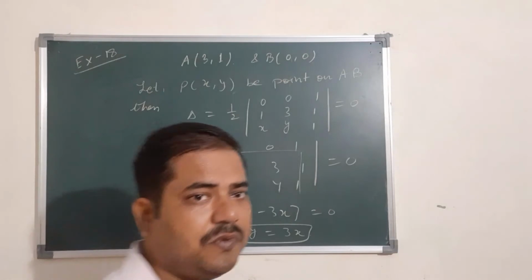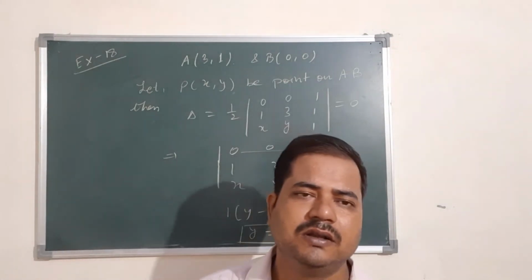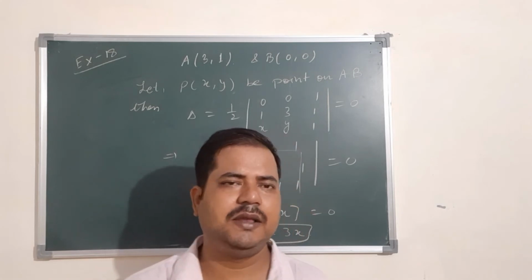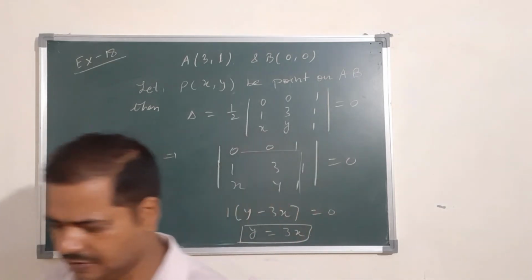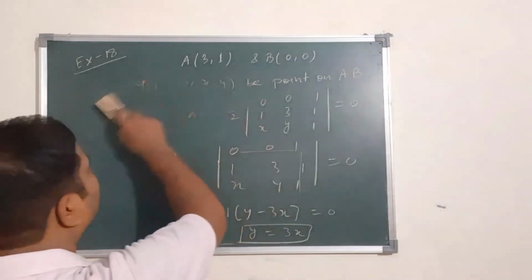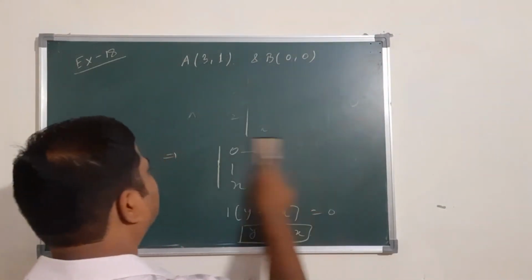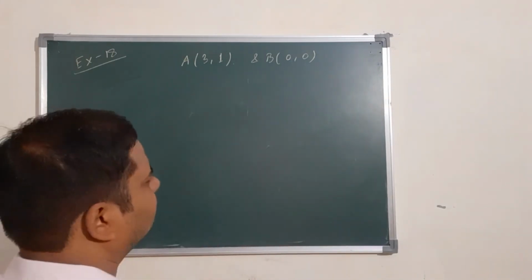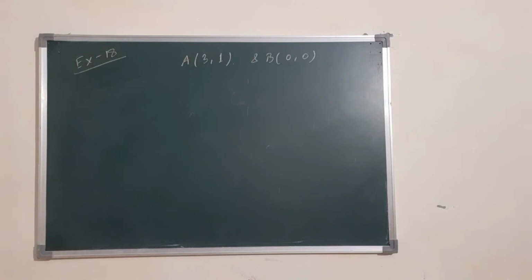Now we have a point D(k, 0) such that the area of triangle ABD is 3. Let A be this, B be this, and D be (k, 0).